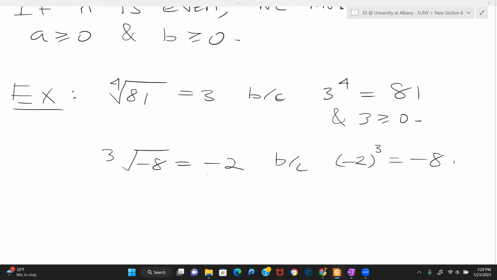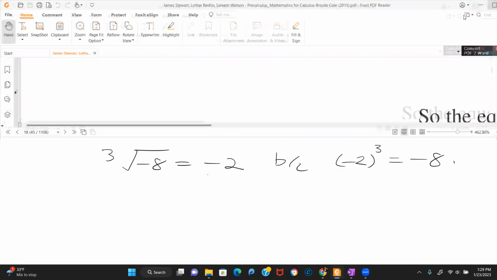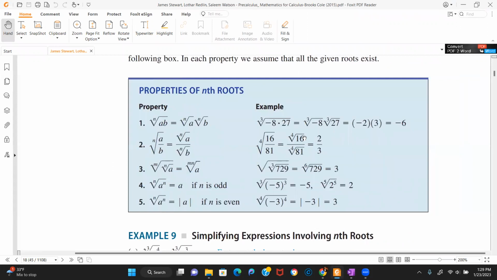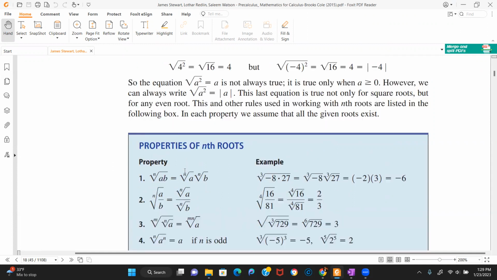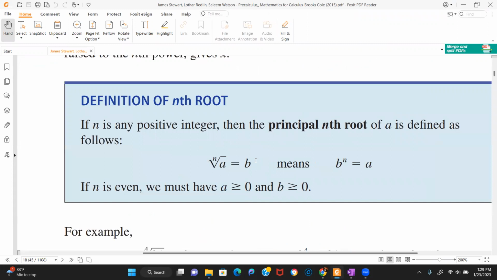So we have some properties. Let me show you these properties from the book. I won't write them all down, but as always in mathematics, everything follows from the definition. All of these will follow from the definition right here, the one I wrote down.